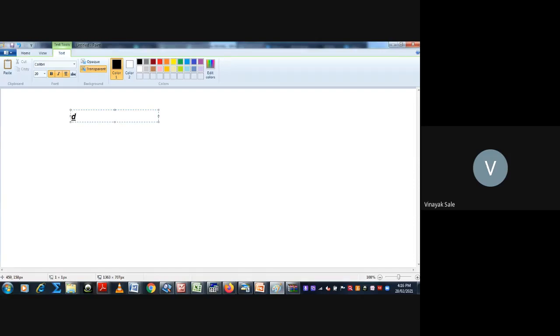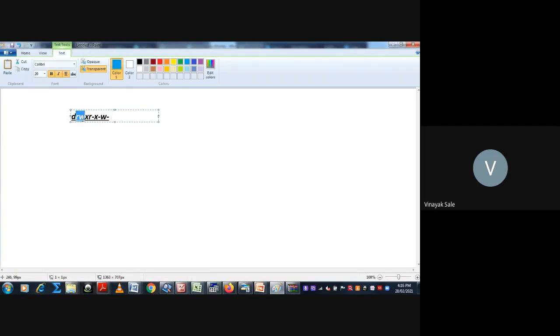Suppose it is written as d, then rwx, then r-x, then -w-, written like this. Then this d indicates a directory.